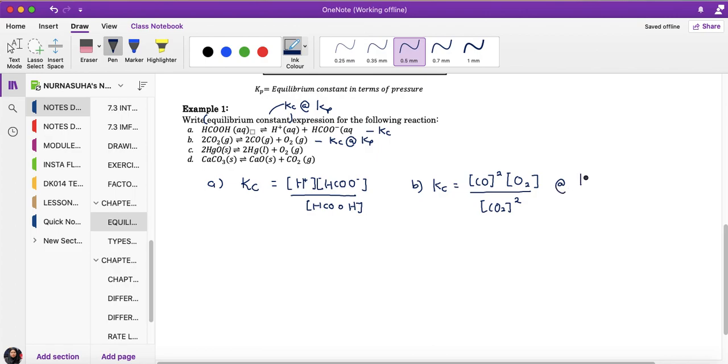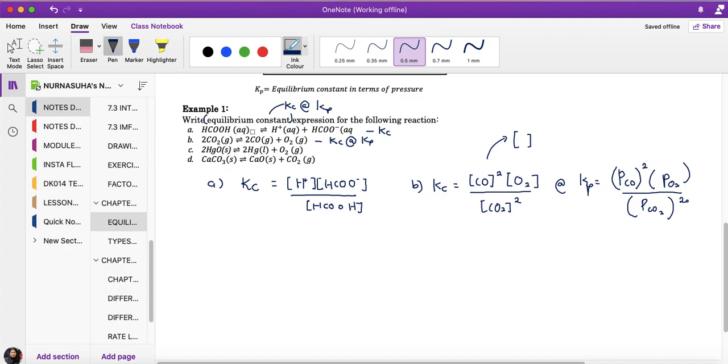For Kp, just change to the form of partial pressure. Pressure for carbon monoxide. Take a look at the difference in brackets. For concentration, please use square brackets, but for pressure, use normal brackets. Do not use square brackets, or it will be wrong. Times pressure of oxygen. This is the partial pressure, divided by pressure for CO2 to the power of 2.